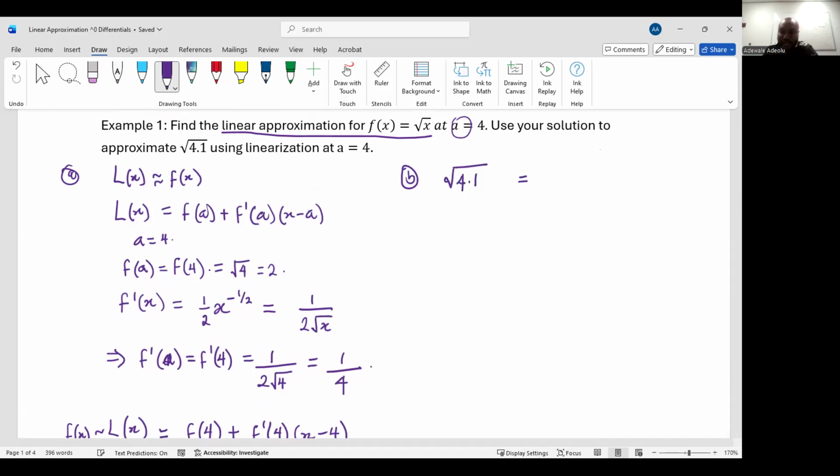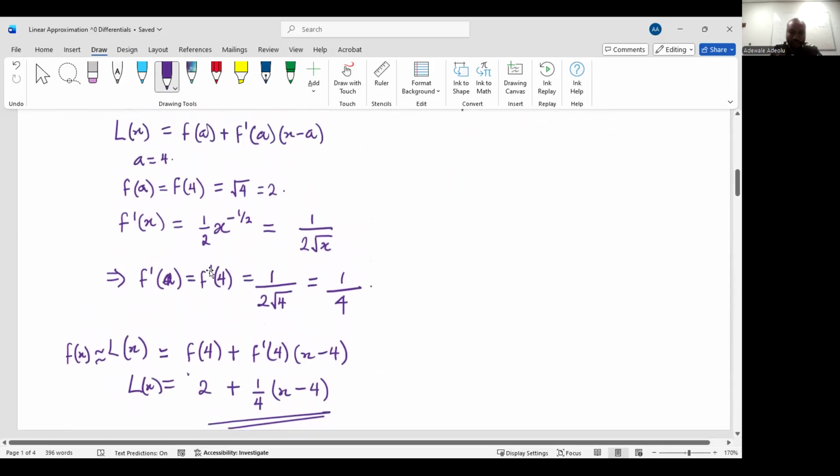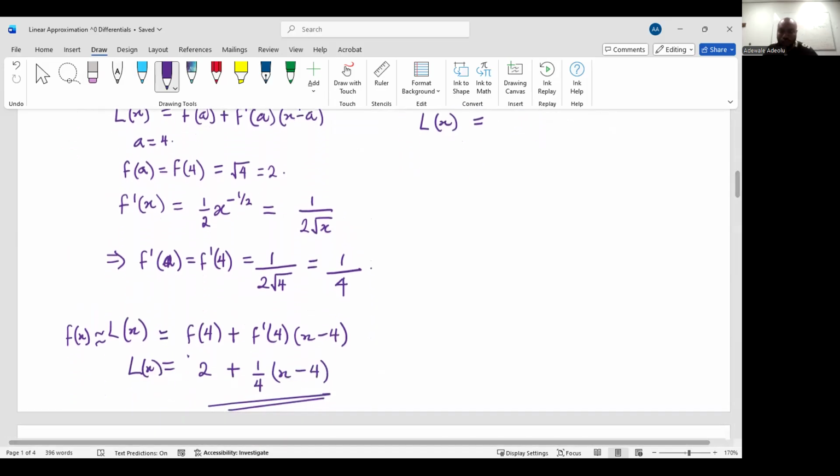Remember that the linearization of our square root function is 2 plus 1/4 of x minus 4.